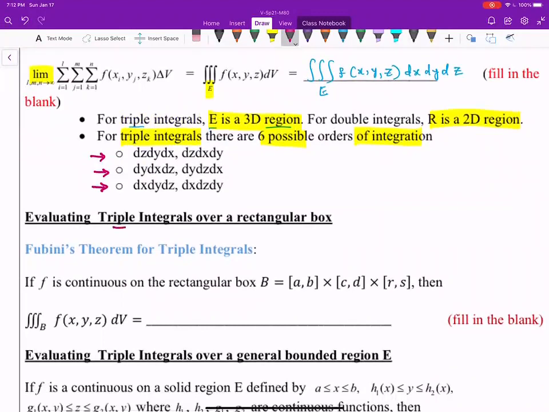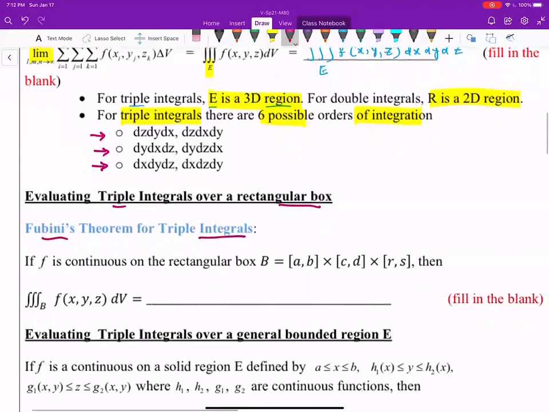Evaluating triple integrals over a rectangular box. Just as we defined the double integral over a rectangle, where we found those problems were simple because of the definite limits for the integrals, here is Fubini's theorem for triple integrals.